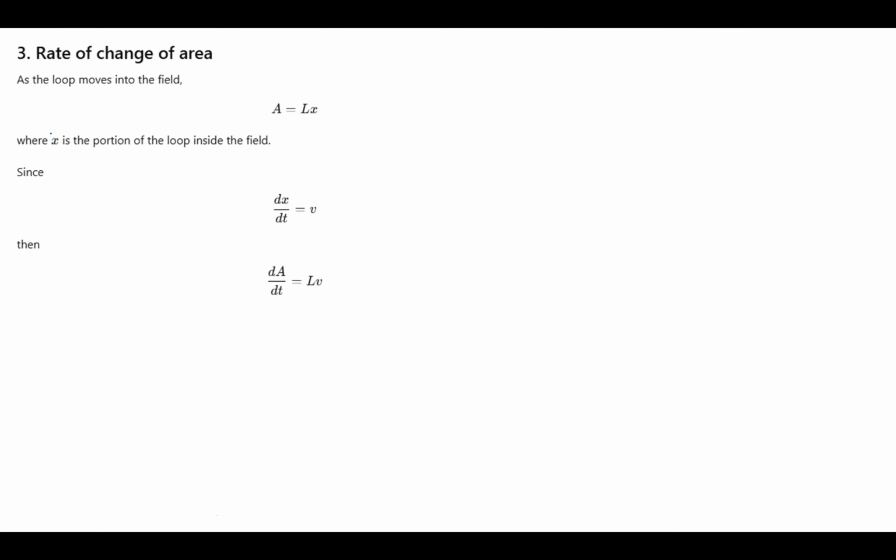In this case, the loop moves into the field, and you get A equals L times X. This is your magnetic field, this is your X, and this is your L. It is moving, so your area, where the magnetic field is passing through, is going to change, because X changes with dx/dt given by the velocity.